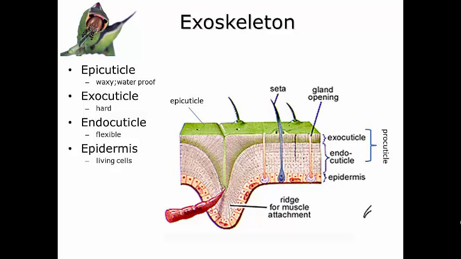The final layer of this full exoskeleton is called the epidermis. This lies just beneath the endocuticle, or just beneath the procuticle. This epidermis is a single layer of living cells, and these cells will play a major role in this whole molting process.